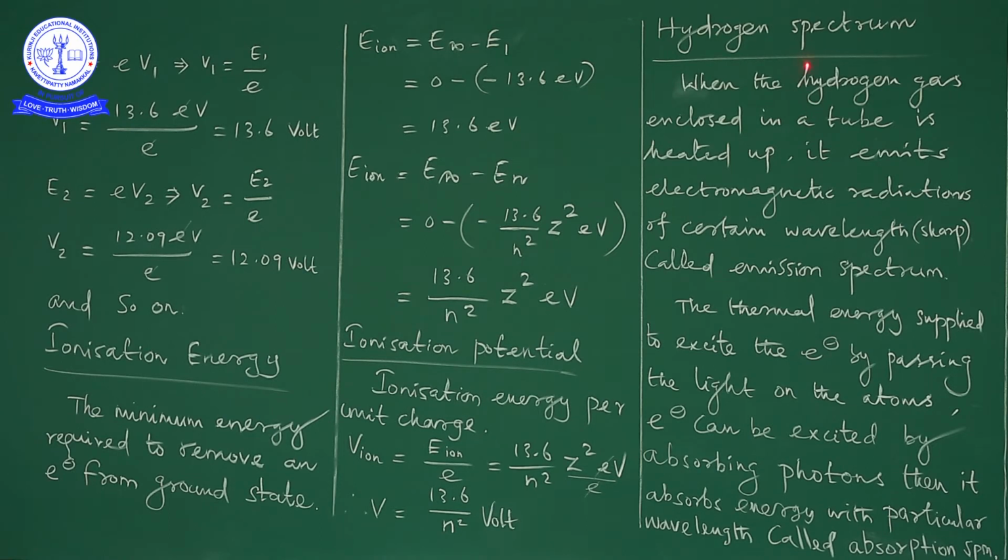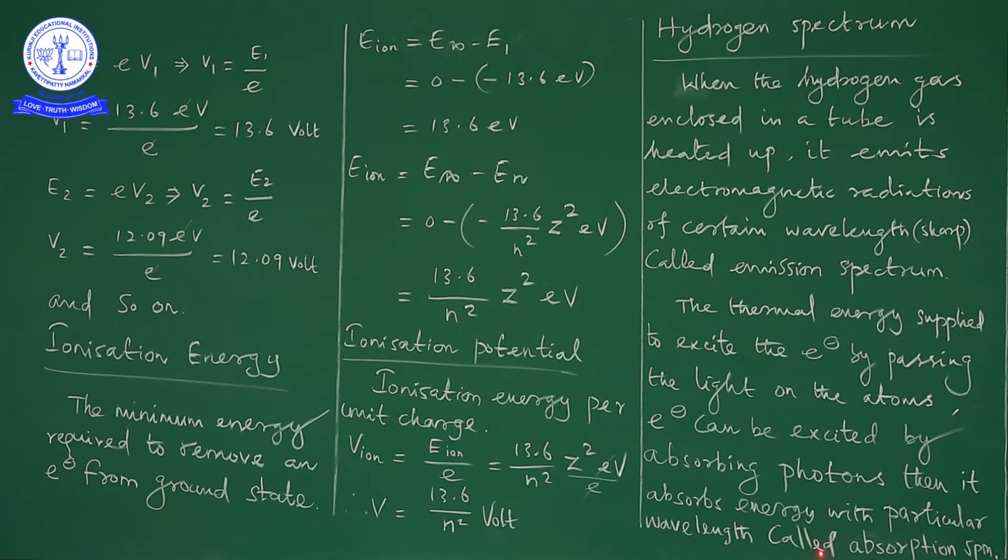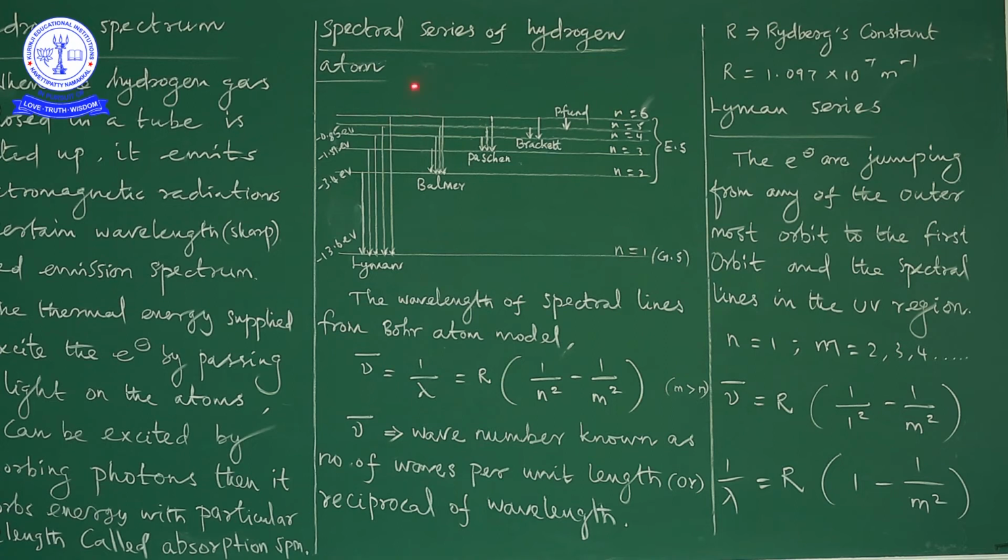So, we conclude that the hydrogen spectrum has two categories: one is the emission spectrum and another is the absorption spectrum. Now, we are going to discuss the spectral series of the hydrogen atom. Already we discussed the types of spectrum present in hydrogen: emission and absorption spectrum.